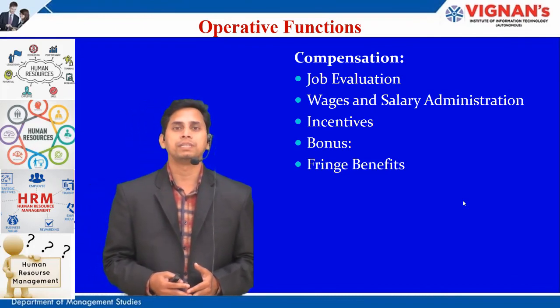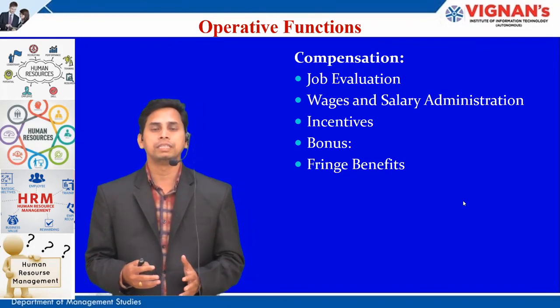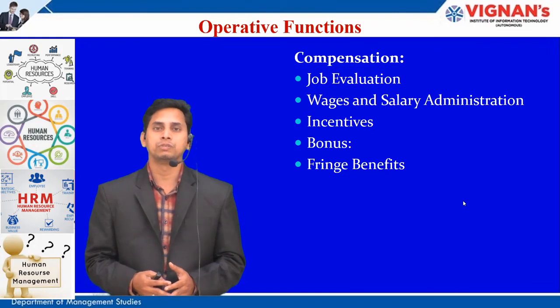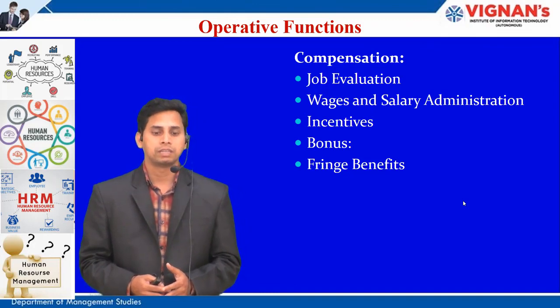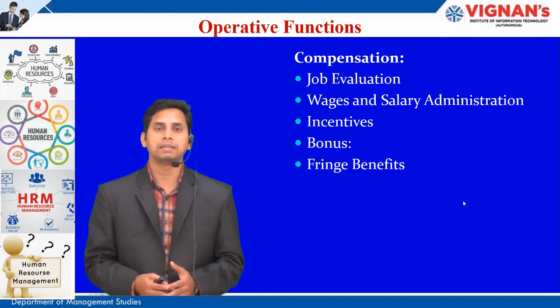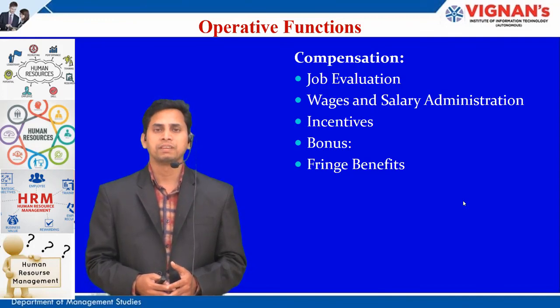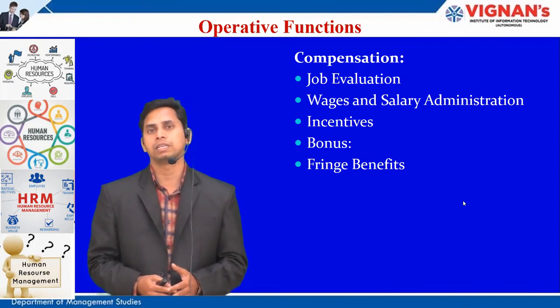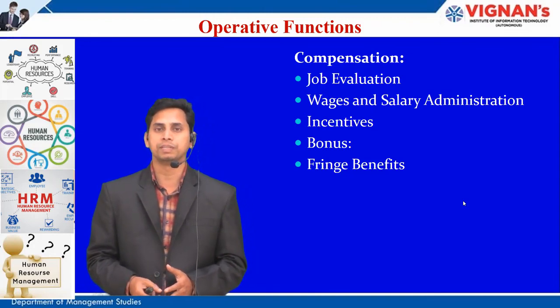If the financial situation permits, then you should provide a bonus during the festival seasons. This kind of timely bonus can help the organization give the right motivation to employees. Fringe benefits also help the organization, and are like a value addition to the employees, and employees will be delighted when you provide these fringe benefits.